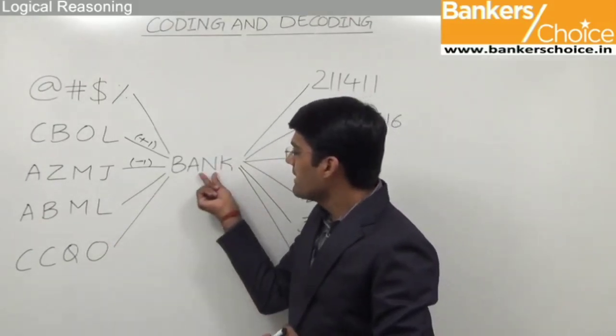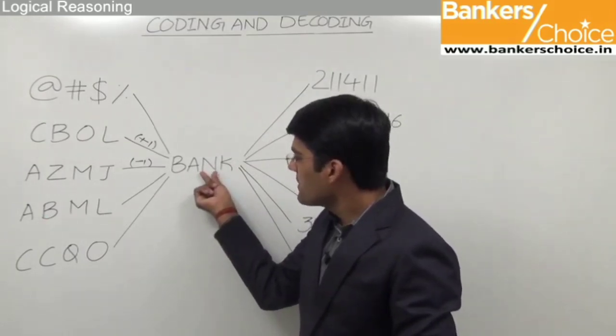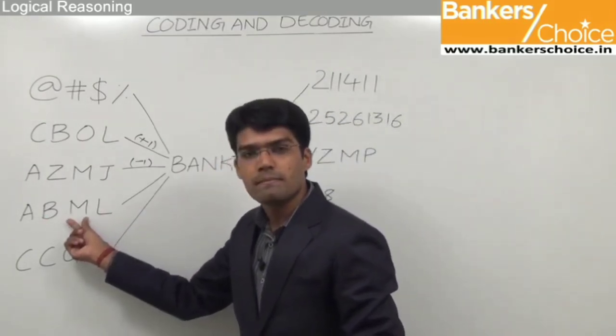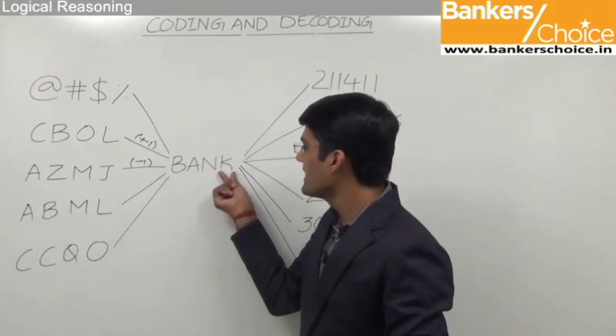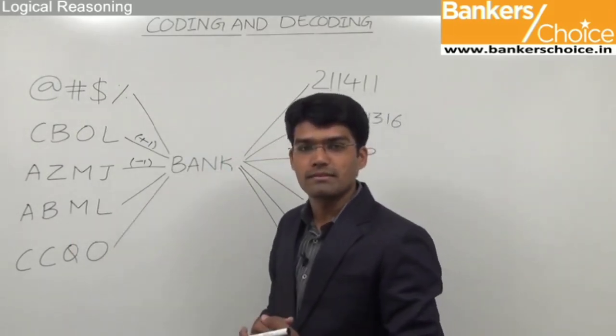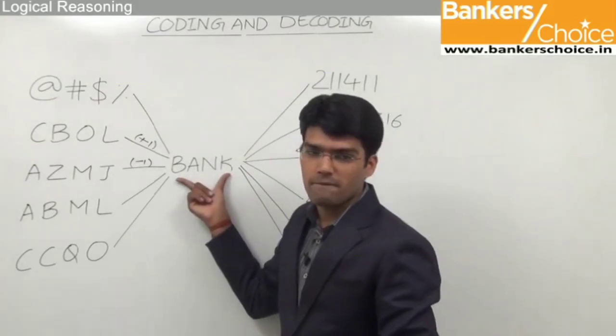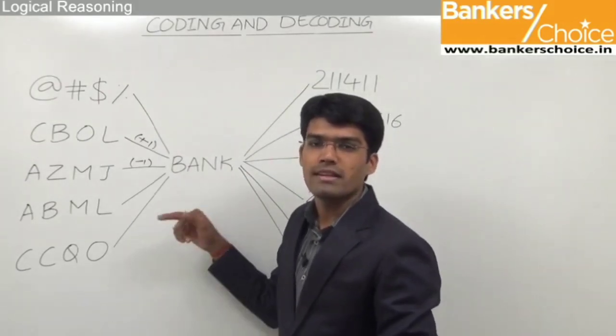Again, the third letter N has been shifted in the backward direction because the letter which comes before N is M. And moving on to the fourth letter, K has been taken as L. That means it has been shifted in the forward direction. So we can understand that the letters of the word bank have been shifted here but in alternate ways.